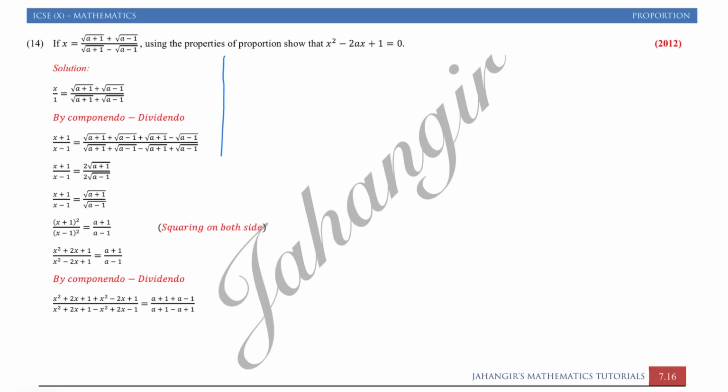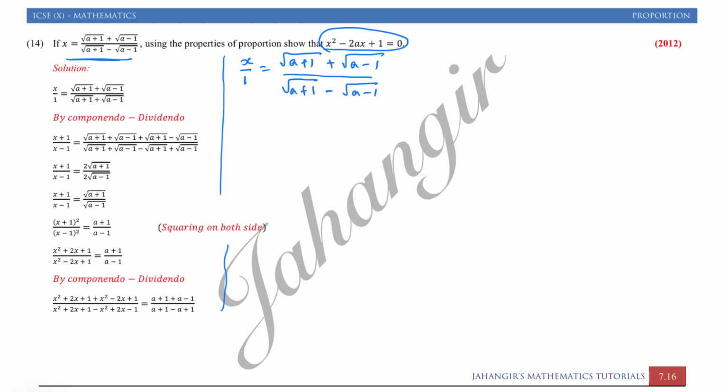Again we get the same pattern question. See x. What we used to write, x upon 1 is equal to root of a plus 1 plus root of a minus 1 whole upon root of a plus 1 minus root of a minus 1. We have to show that x square minus 2ax plus 1 is equal to 0. So here we will take componendo dividendo.